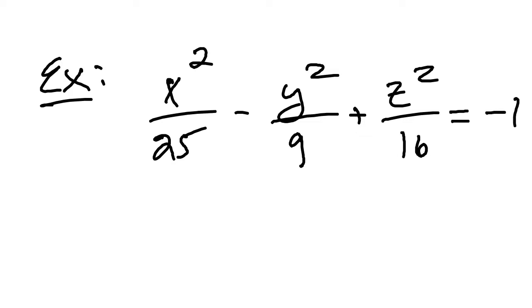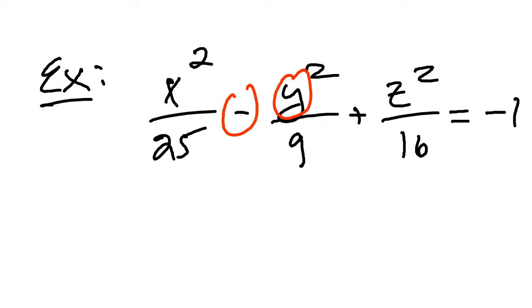So I've already set this up to look like my formula here. This actually has two sheets, and I may come back and rewrite that and say it equals +1. But anyway, where is the minus sign attached to? It's attached to the one with the y value.